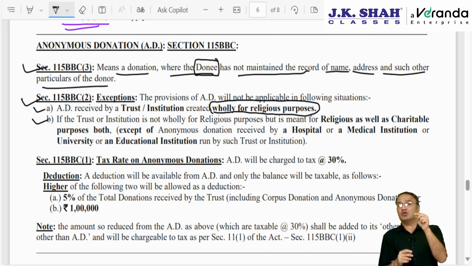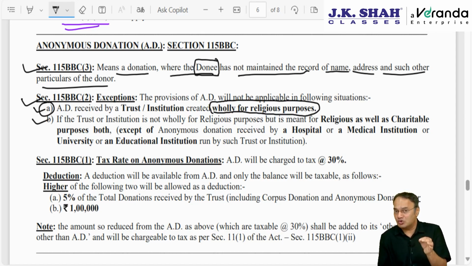But in case the anonymous donation is received by such a trust which is for religious as well as charitable purposes both, I repeat, understand, if it is only religious purpose, then it is an exception, point 1. If it is for religious plus charitable both, then there are 2 possibilities. If the anonymous donation is received by a university or educational institution or hospital or a medical institution run by such a trust, then the anonymous donation will be taxed at 30% rate, the concept will apply.